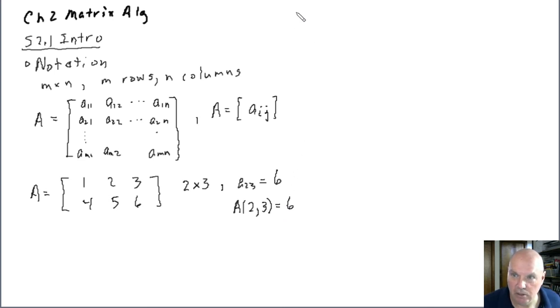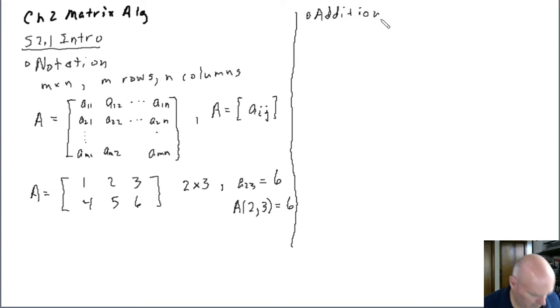Okay, so let's talk about now addition of matrices. In order to add two matrices, they must have the same dimension, the same number of rows and the same number of columns.